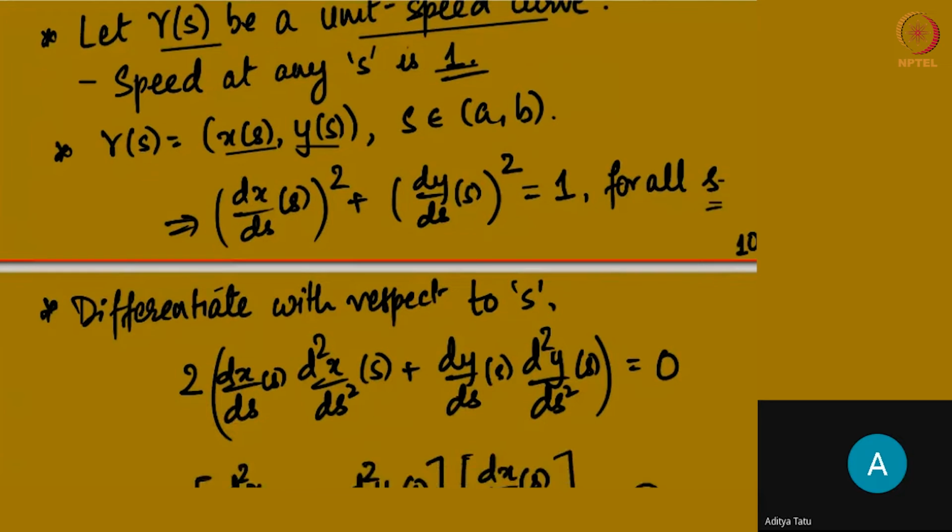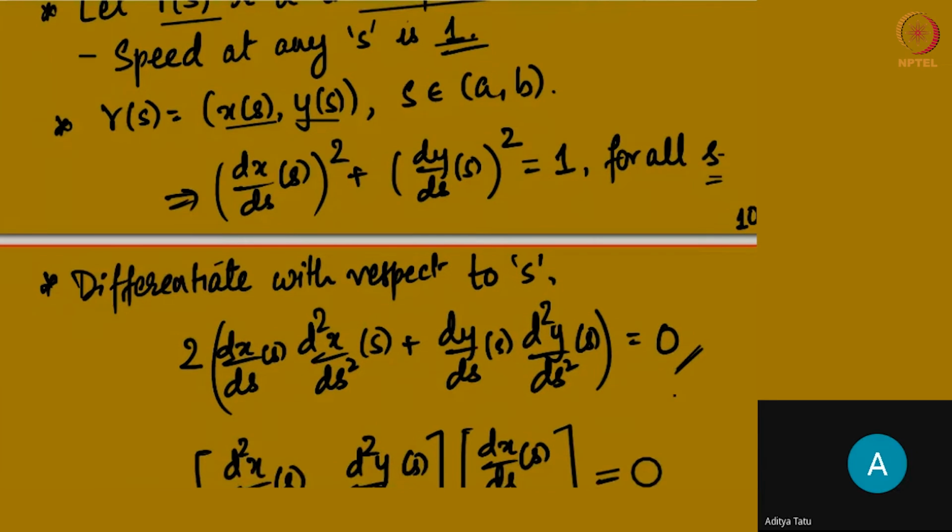Similarly, twice dy/ds times d squared y/ds squared. The right hand side, since it's a constant function of s, doesn't change, so the differentiation of the right hand side will of course be 0. Is this understood? Yes, sir, it is understood. Okay.